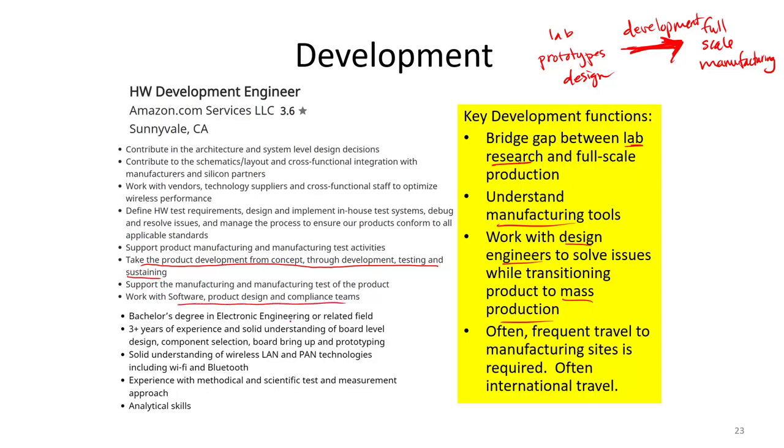So they're working with other product design teams, support manufacturing test, work with vendors and suppliers, develop test requirements, contribute to design decisions. So lots of focus on bringing an initial design to full manufacturing. And here they are looking for someone with an electrical engineering or hardware expertise.